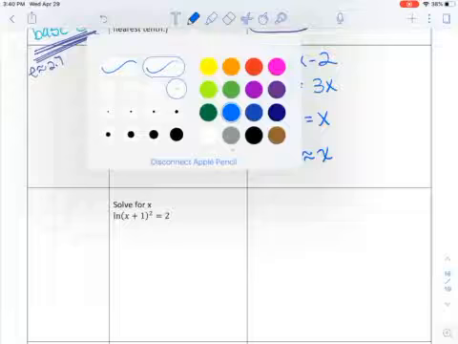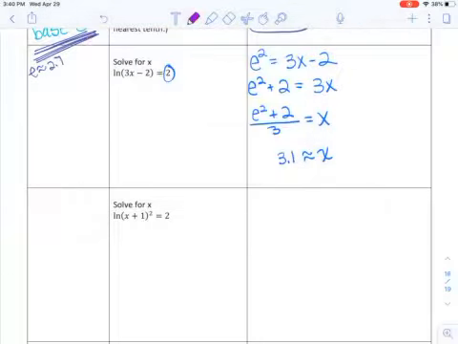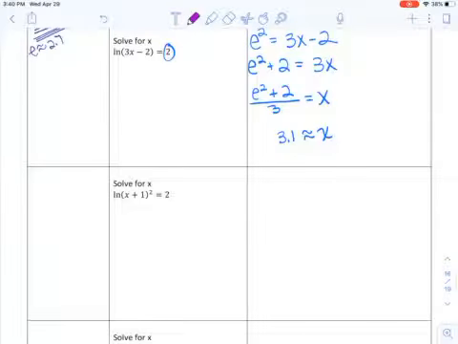Okay, here's another example. Again, it's a natural log, so your base is e. Your exponent is 2. So e squared is x plus 1 squared. So you can take the square root of both sides.